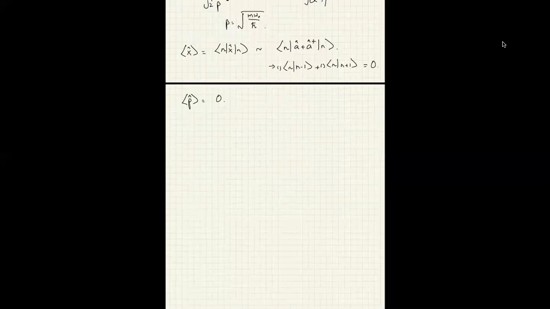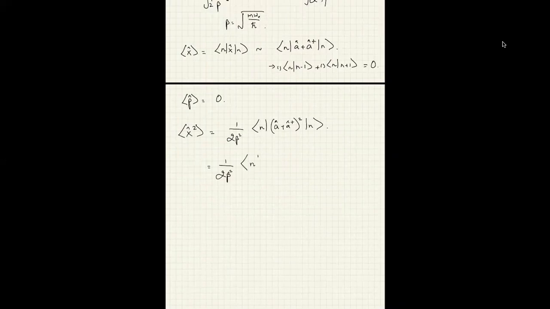So let's do that. The expectation value of x square is 1 over 2 beta square n a plus a dagger square n. Now we should be careful in evaluating terms of this kind. You should do the squaring properly.